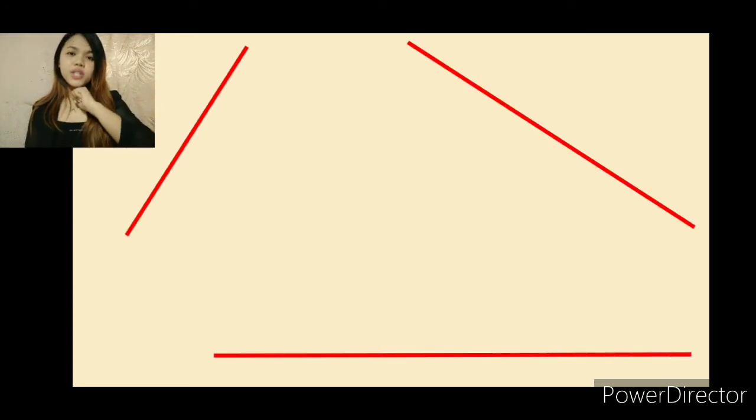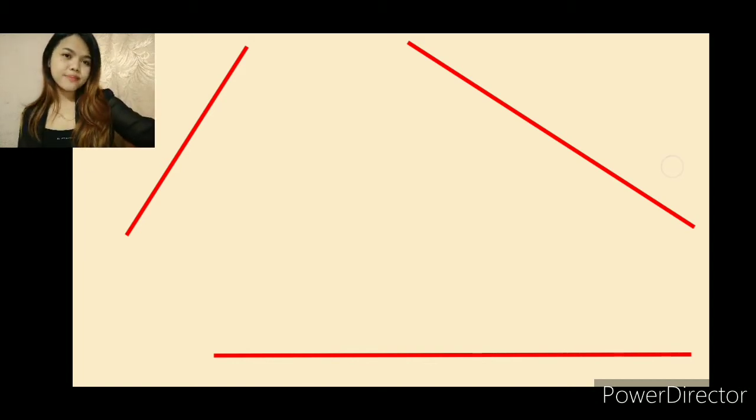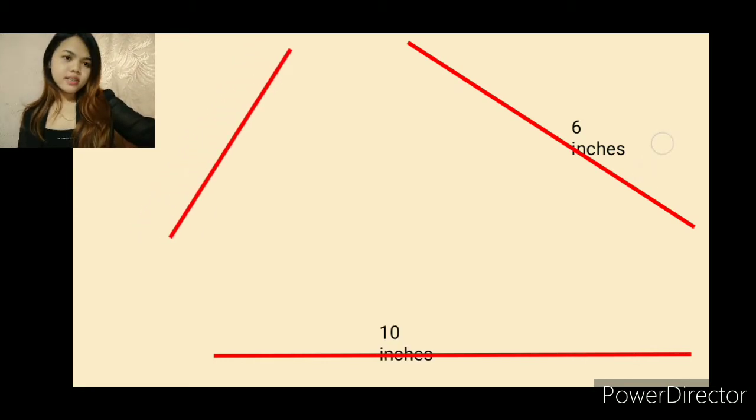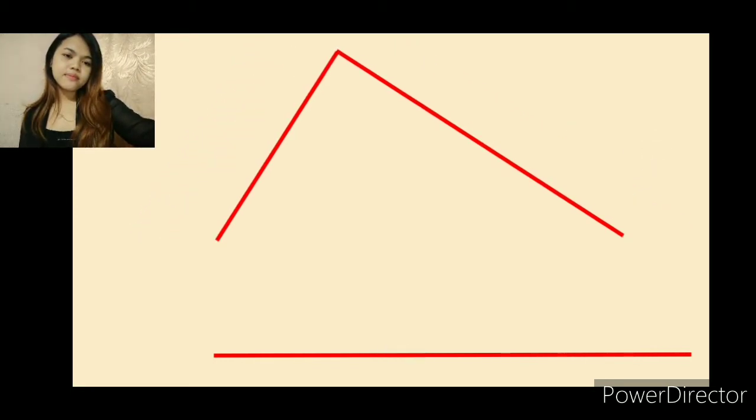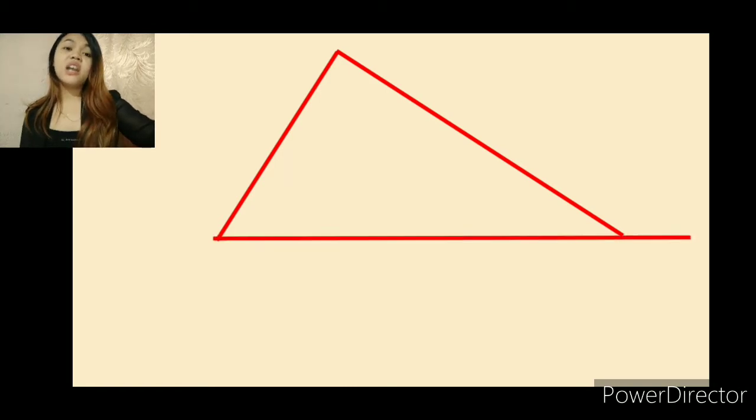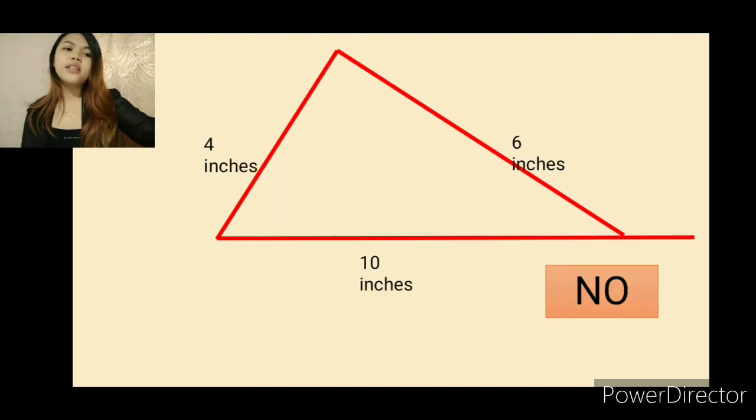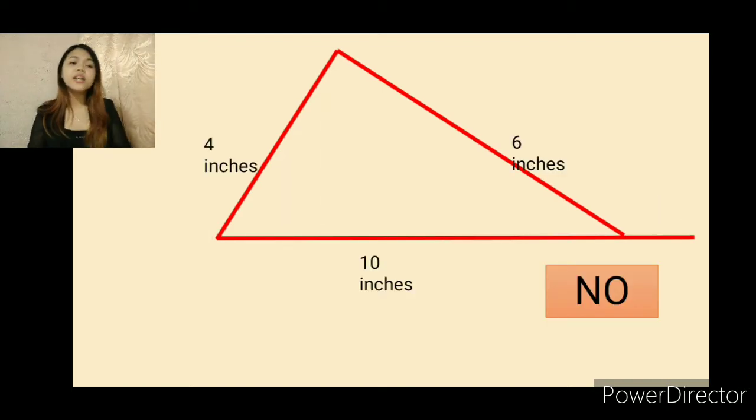Let's go to group 4. Group 4, what's your answer? Let's see if your answer is correct. It should be no, and your answer is no also. You have 4 inches, 6 inches, and 10 inches. So the answer is no. The lengths don't form a triangle.